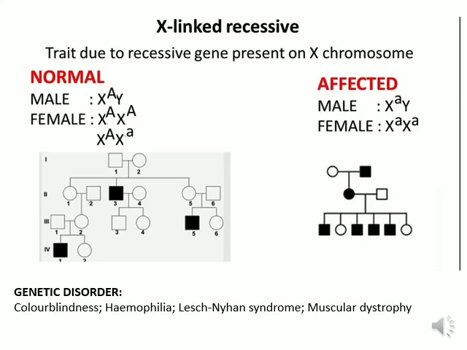So in a pedigree chart, if you see that the husband and wife are normal, and only the male is affected in the subsequent generation, it is 100% X-linked recessive, because in autosomal recessive, though the husband and wife are normal, both male and female are equally affected. But here only the male is affected.